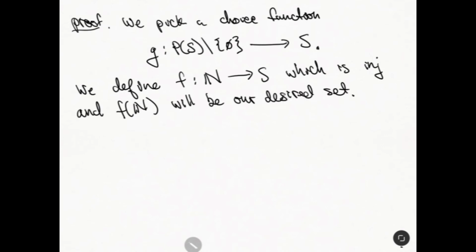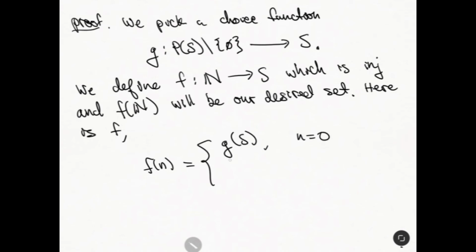Okay, let me describe how this works. Let me just write it down, and then I'll describe it a little bit. For n equal to 0, it's going to be this, and what we're going to do is remove the previous values.